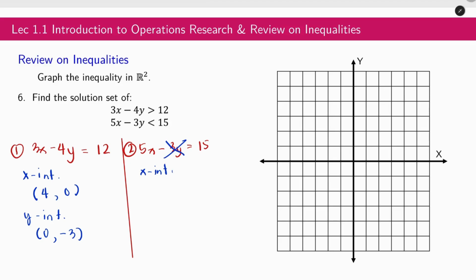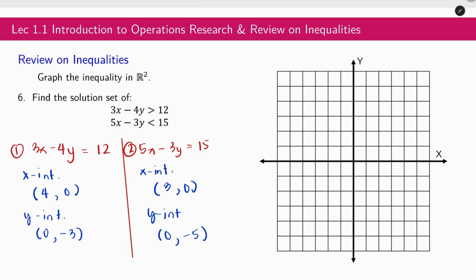Takpan mo yung y. So, you have 5x equals 15. So, divide both sides by 5. That would be (3, 0). For the y-intercept, takpan mo yung x. (0, negative 5).